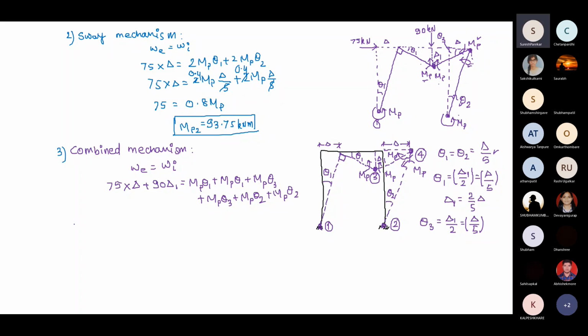So we will replace all in terms of delta. So 75 delta plus 90 into 2 by 5 delta equals 2 MP, because we have θ1 twice, MP into delta by 5, plus 2 MP into θ3, which is again equal to θ1, so we have delta by 5.